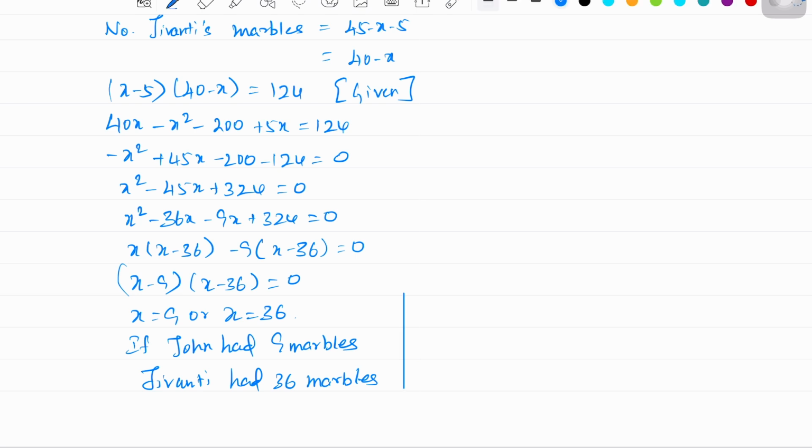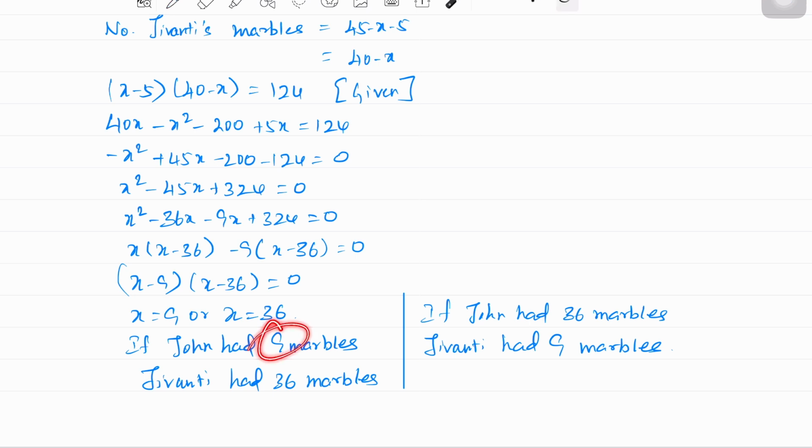Similarly, if John had 36 marbles, Jivanti had 9 marbles. So it's a combination of either 9 and 36. If John had 9, Jivanti would have had 36. If John's count was 36, Jivanti would have had 9. So these are the possible solutions.